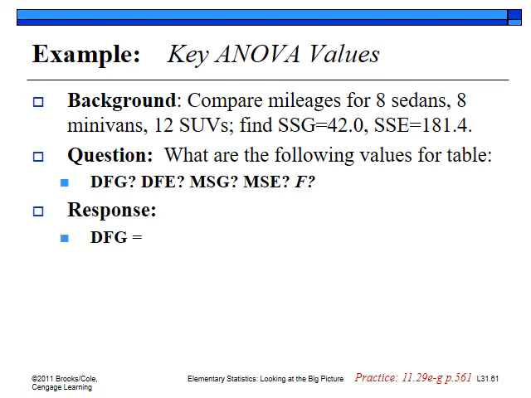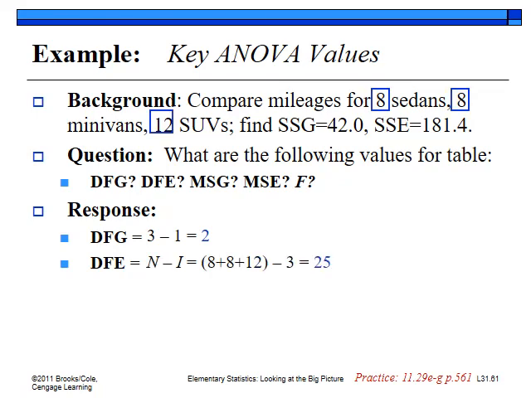Well, DFG, that's the degrees of freedom for groups, is 2 because there are 3 groups. We subtract 1, we get 2. What's DFE? Remember, DFE is the total number of individuals that we're looking at. In this case, that's 8 plus 8 plus 12, that's 28, minus the number of groups. That gives us a total of 25.